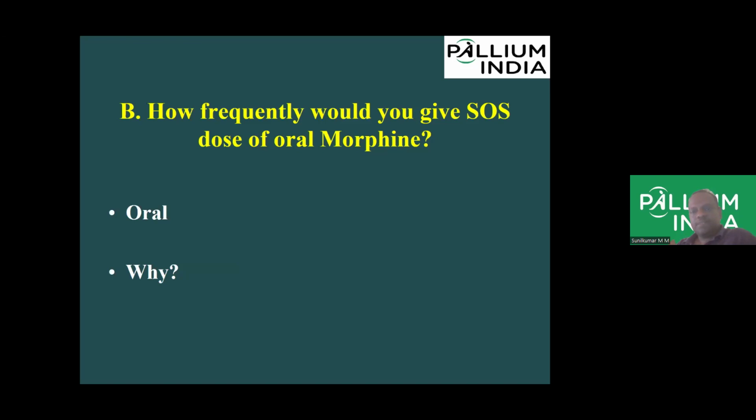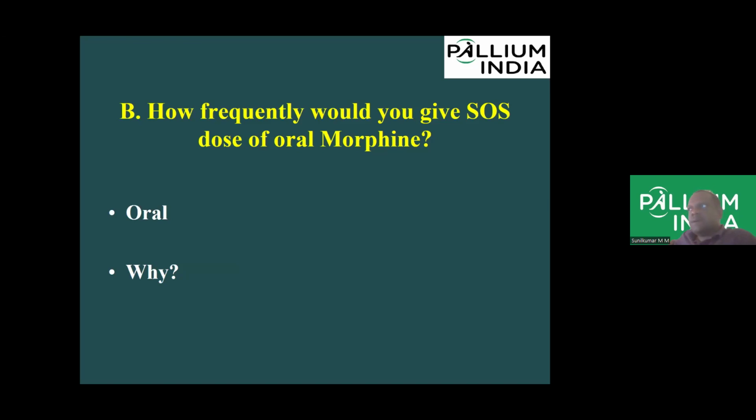Okay. So now we can try to answer this question. How frequently would you give an SOS dose of morphine? So we have to understand that morphine is gradually absorbed from the GI tract and then goes into the blood vessels of the intestine, then to the portal vein and liver where it is metabolized, and then the metabolites are liberated into the systemic circulation.